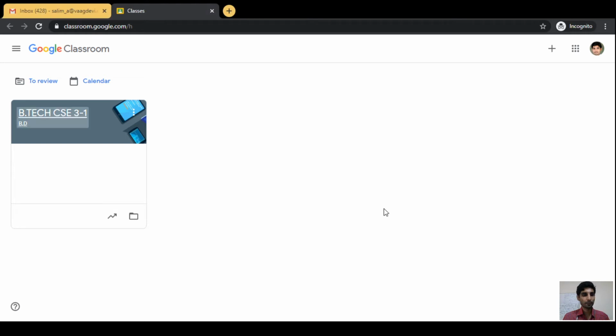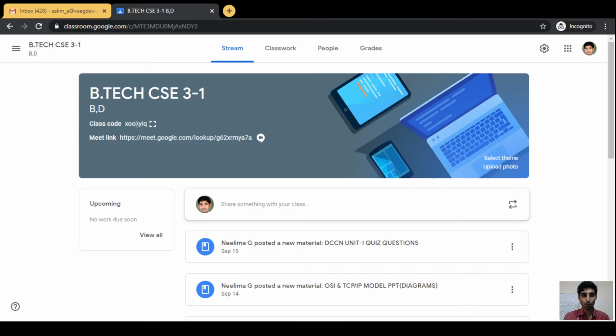window. This is the BTech third year computer science and engineering classroom window that you find. The moment you click on this window, you will be navigating to the Google Classroom. This is the class code that we have used to invite our students.